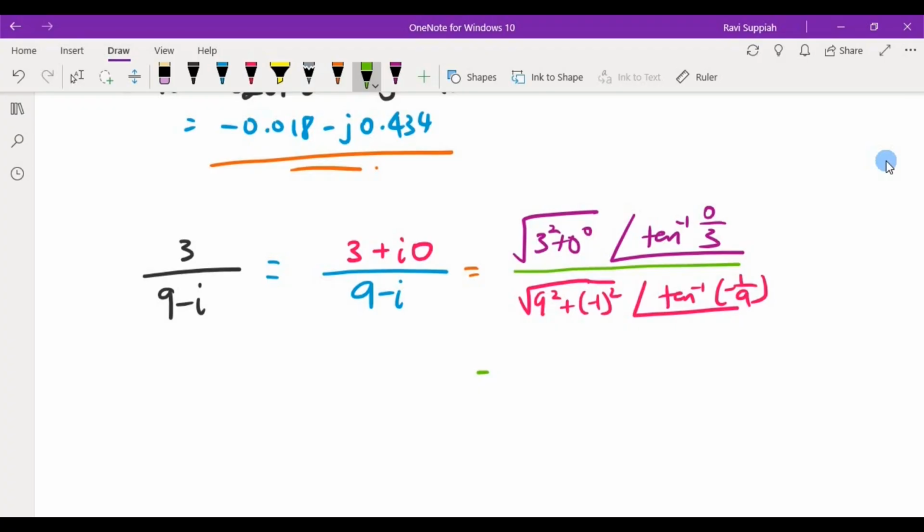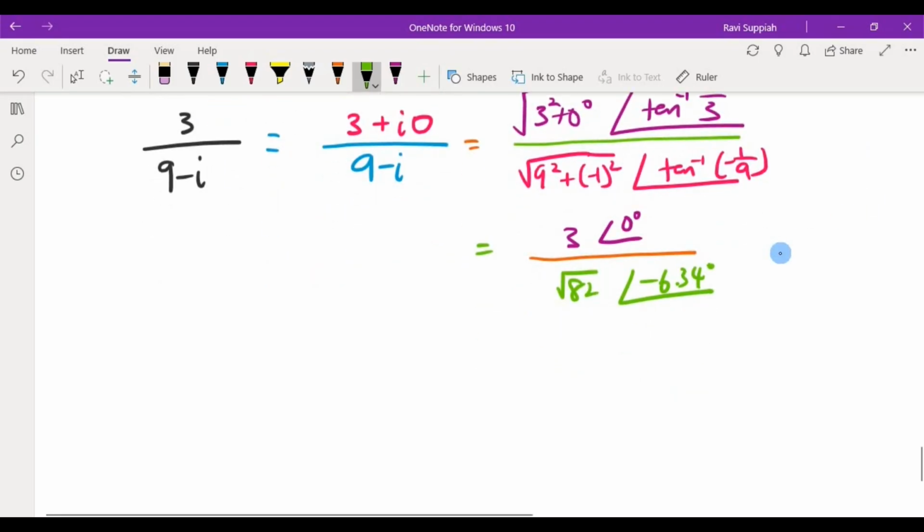For the numerator, 3 square, square root, you get back 3, and 0 divided by 3 is 0. Inverse tangent of 0 would also be 0. And in the denominator, what you have is square root 82, angle of negative 6.34 degrees.